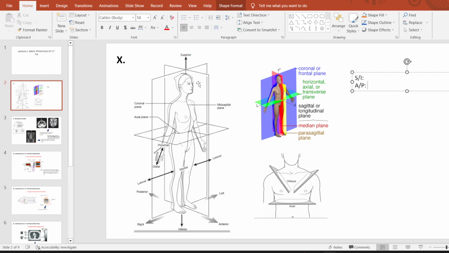I want to take a note right here: the coronal plane, the axial plane, and the sagittal plane, all three basic planes are perpendicular to your body.